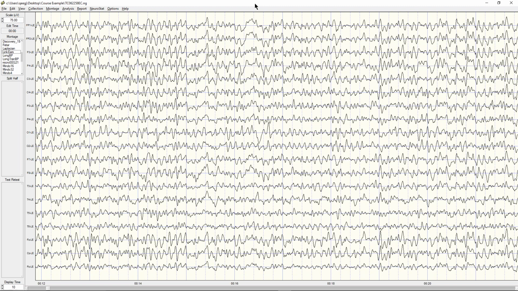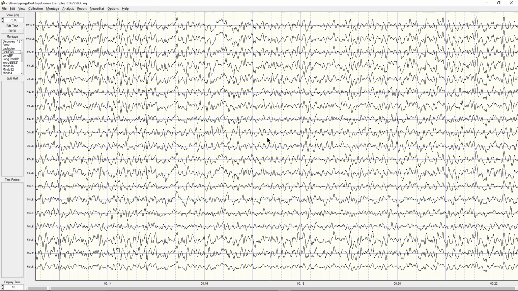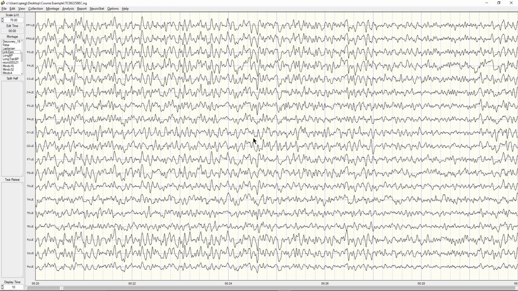I can see it here in these frontal eye fields, FP1, FP2. I see it at F3, I see it at F4. I see it at C3 and C4 to some degree, but lesser. And once I get back to O1 and O2, I don't see it much at all. So that's an eye movement, but mostly I've got a pretty good recording here.